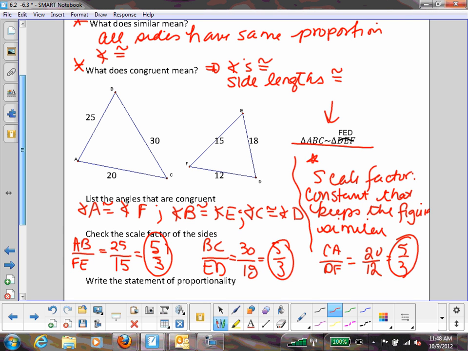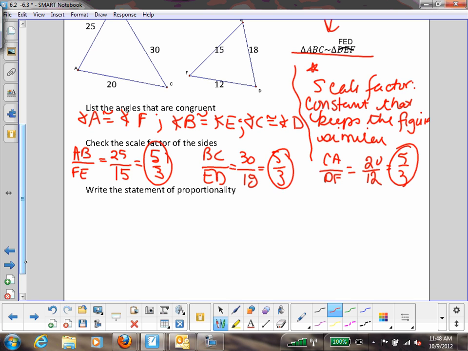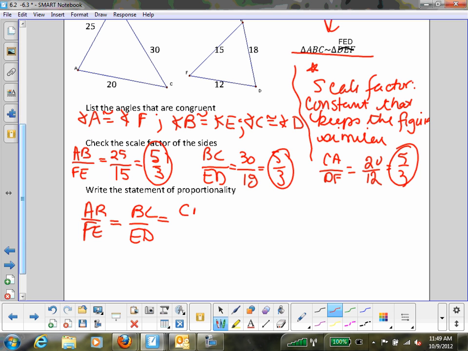All right. So write this statement of proportionality. AB over FE is equal to BC over ED, which is equal to CA over DF.